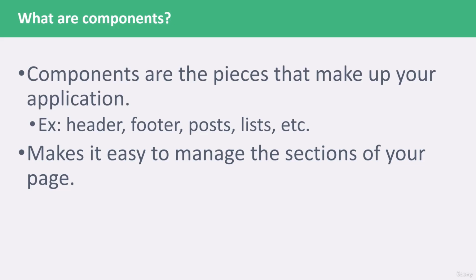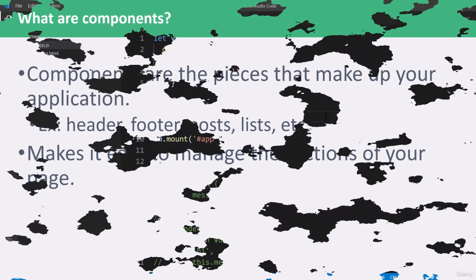On top of allowing you to split your code into separate files, they are reusable. That part is optional. For example, you would create a header component but only use it once since most sites only have one header. On the other hand, you can have a post component but use it multiple times because sites can have various posts. It's up to you in the end how you use components.